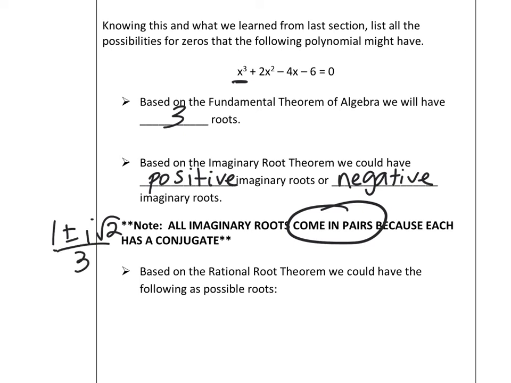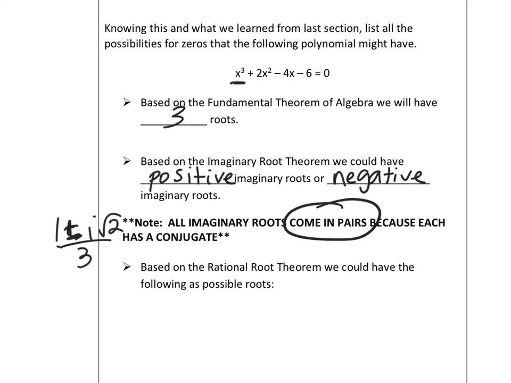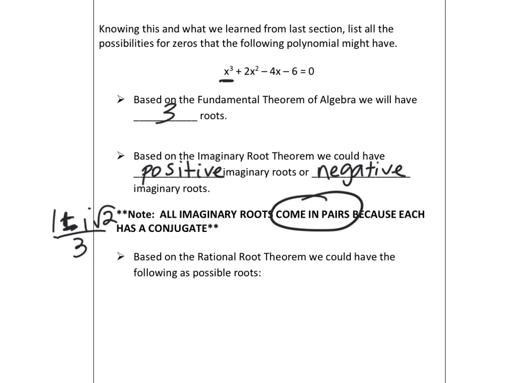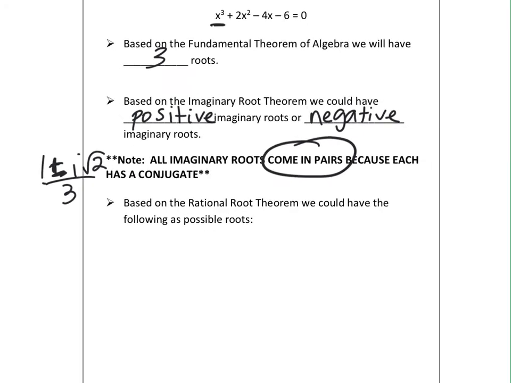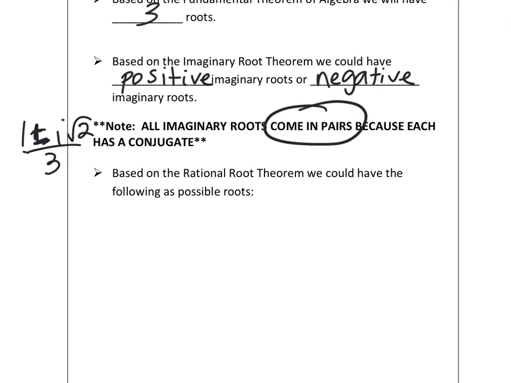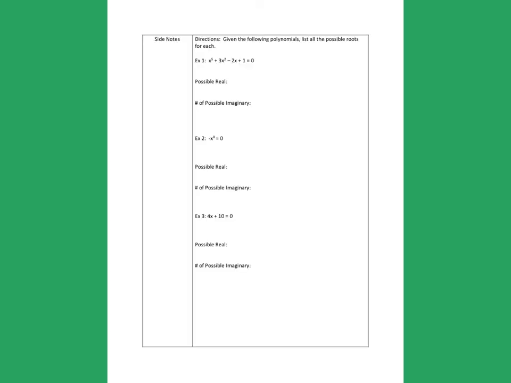Okay, so do we see how that is 2 answers there? That's 2 roots. There's always going to be a plus and always going to be a minus on these. So no matter what, if you're going to have an imaginary root in an equation, you're going to have 2 of them. Or you might have 4 of them. Or you might have 6 of them, okay? But just know that they're coming in pairs. You're never just going to have 1, okay? So we're going to keep moving on from this.